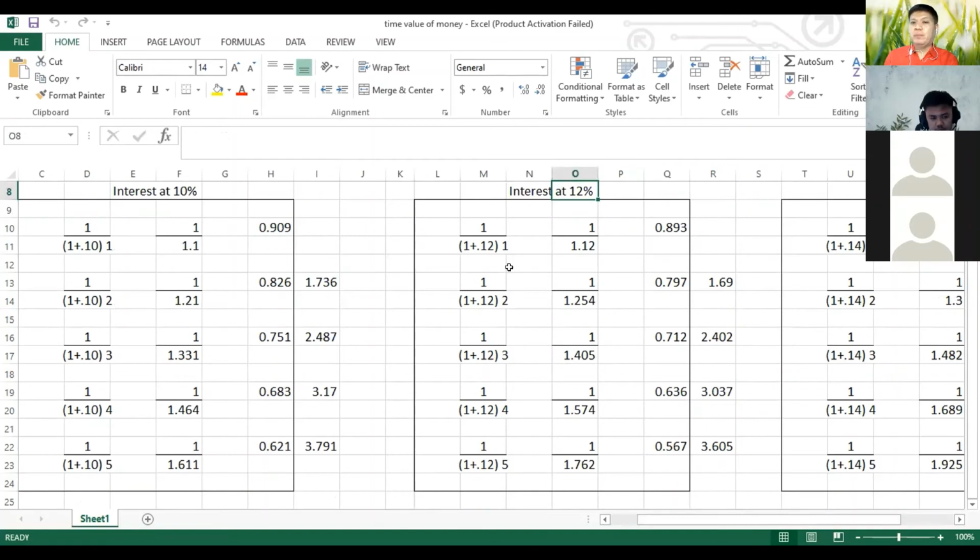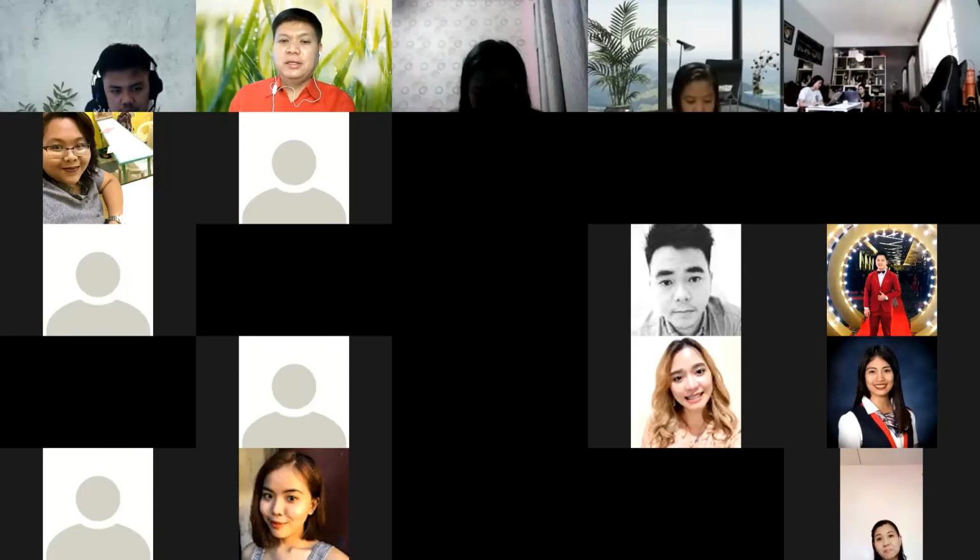Now, if I have 12%, so the formula is 1 over 1 plus 0.12 raised to 1. So this is 1.12. So this is 0.893, 0.797. You remember the numbers kanina? Let's see 0.893 and 0.797. If they're the ones in the slide. Ayan. So ito yon, di ba?